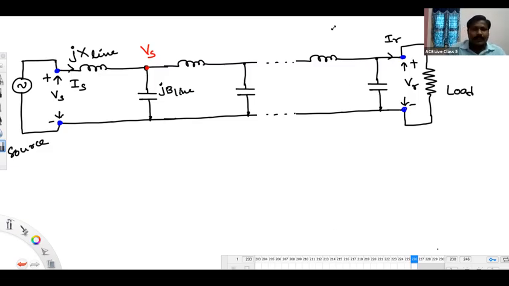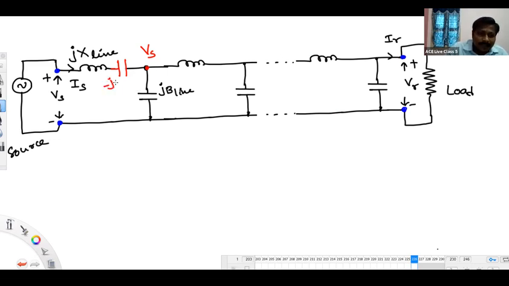For that purpose, I will be adding one series capacitor. And how is the impedance of a series capacitor, plus j or minus j? Minus j.